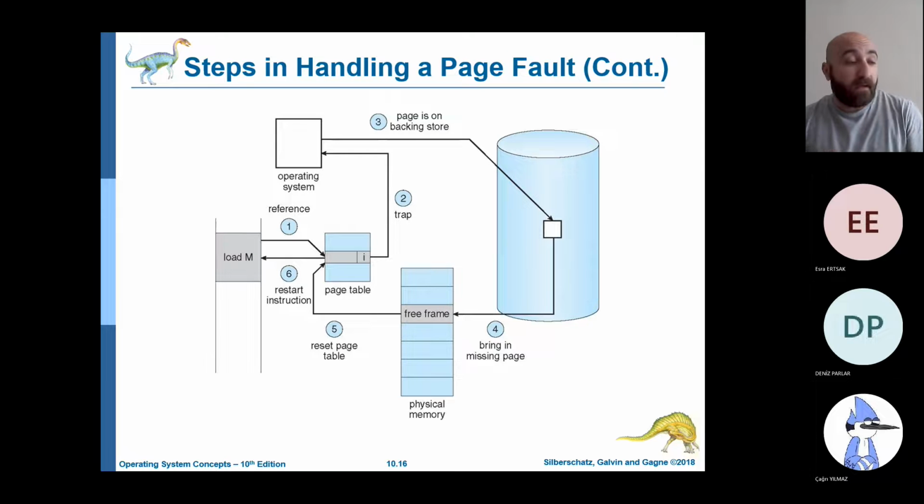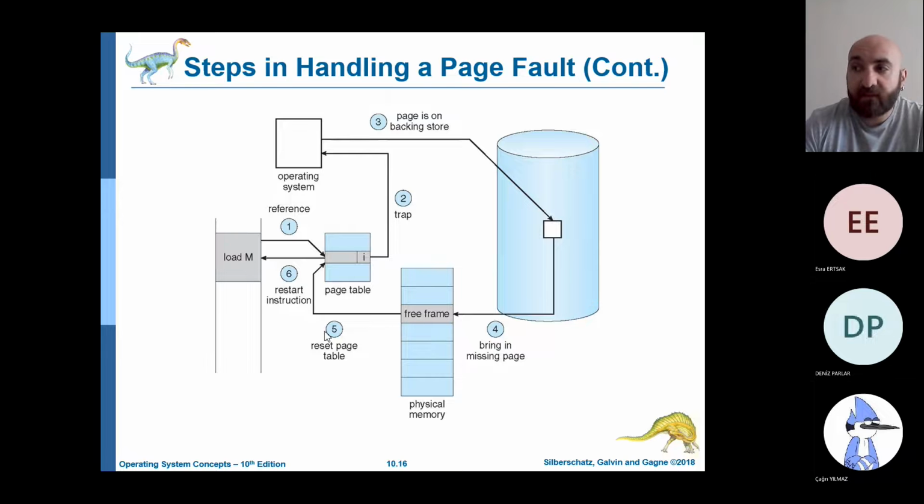One of the main jobs of the operating system is to handle the page fault. The operating system has to handle all traps, but this trap is a special one. It uses a mechanism to handle the page fault. First of all, it finds the location of the page I wanted, and then it brings that missing page to the physical memory on a free frame.